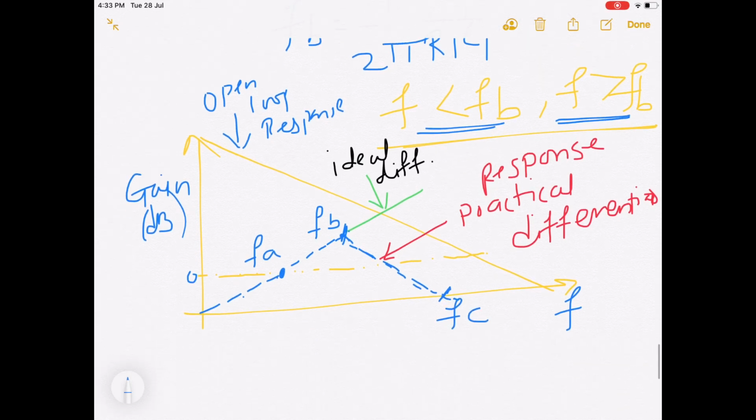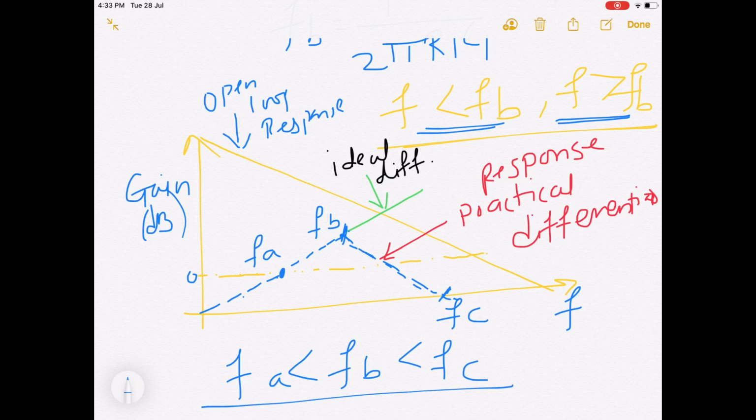Your fb should be less than fc and greater than Fa, where Fc denotes the unity gain bandwidth. This denotes the unity gain bandwidth of the op-amp in open loop configuration mode.